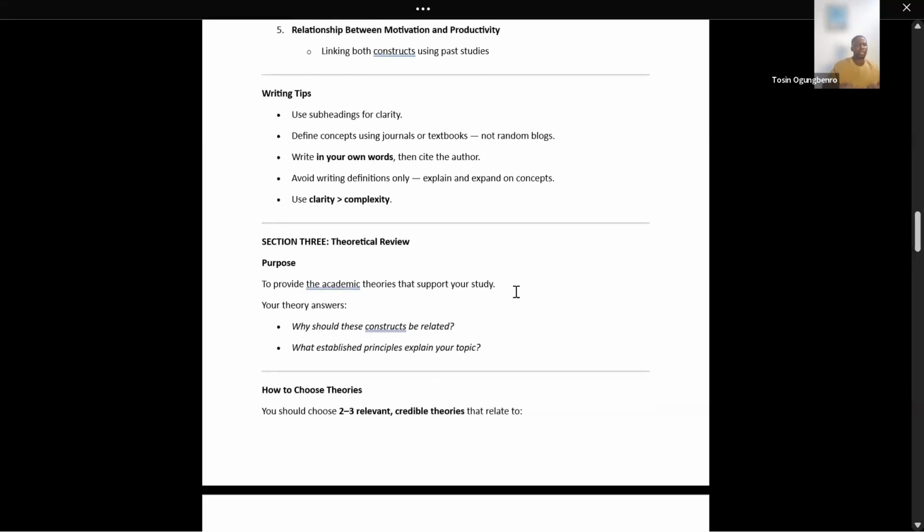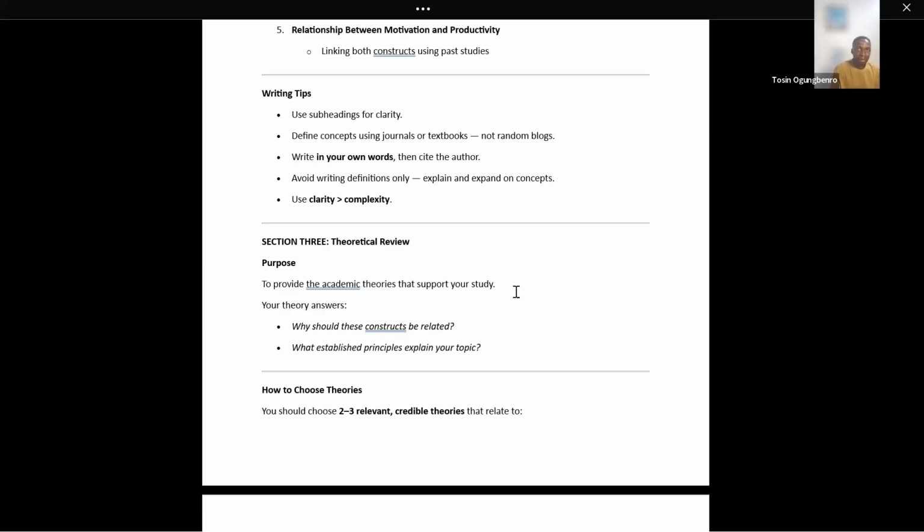So what is theoretical review? The purpose of theoretical review is to provide the academic theories that support your study. I normally tell people that there are plenty of theories out there. There's no work you want to talk about that doesn't have a theory. Every field has its own unique theories. We have the theory of planned behavior in social sciences, and planned behavior also applies to health sciences.